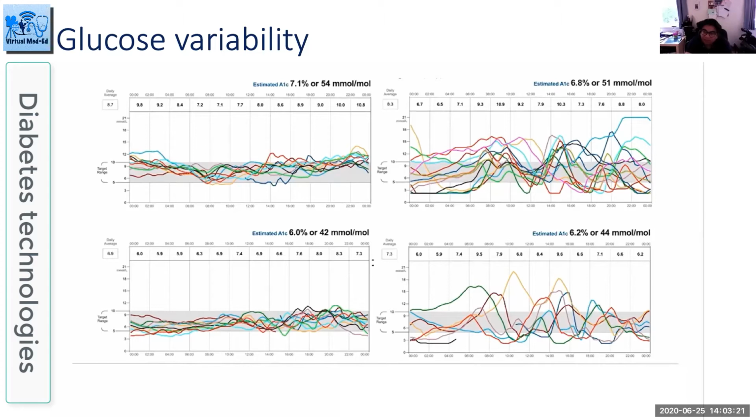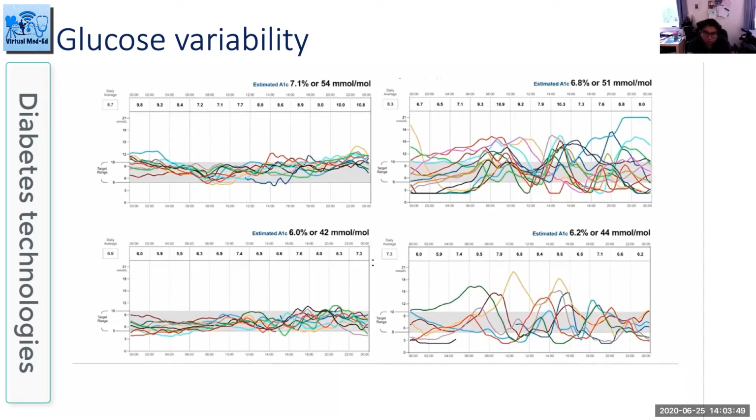If you look at the top right-hand corner, same HbA1c, but huge difference in terms of variability. You can see the swings up and down, and lots of hypo incidences, and also highs. And this clearly has a major impact on the well-being of this patient and also the long-term risk of complications. So it makes the point that there are pitfalls with HbA1c, and this illustrates that very nicely.